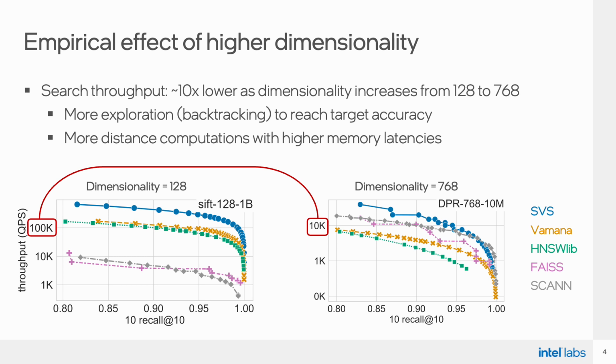This additional exploration involves computing more distance computations, which involves fetching more vectors from memory. Since these vectors occupy more space, memory latency starts to become more meaningful, which slows down the overall search.